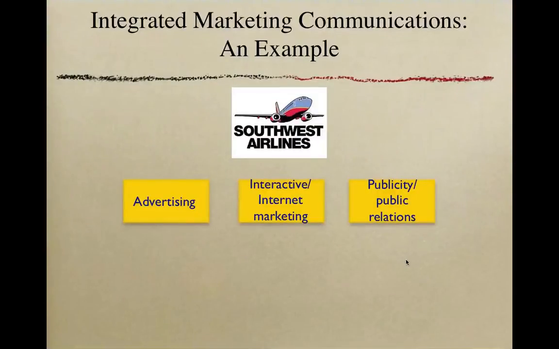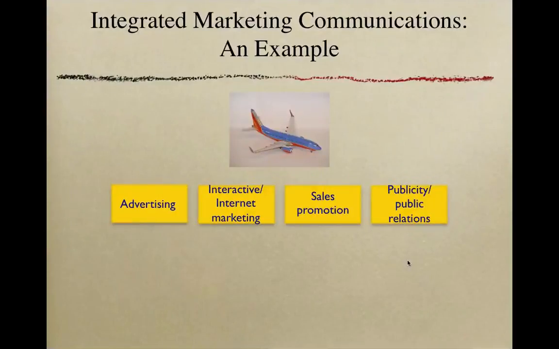Okay, so this last example that we're going to look at was actually not part of the Southwest campaign. It's basically my idea of one more thing the company could have done. And in doing this, I do it just to kind of give you a broader perspective of how you could integrate yet even one more component of the promotional mix into this campaign. And here you just have a picture of a little model Southwest Airlines plane. And as you can see, this particular little toy model prominently features those winglets at the end of the wings.